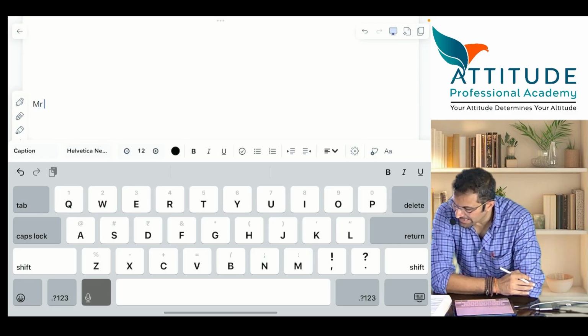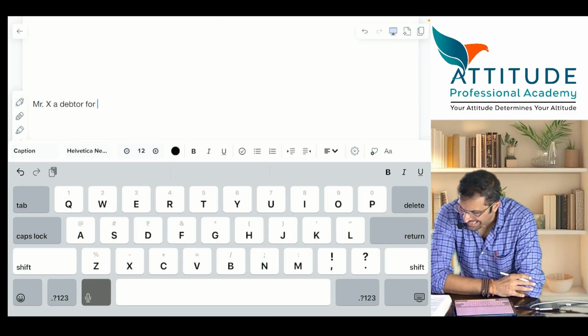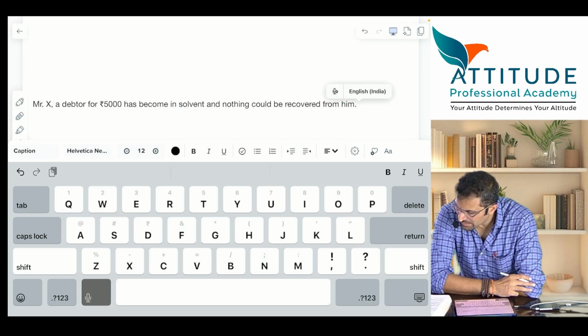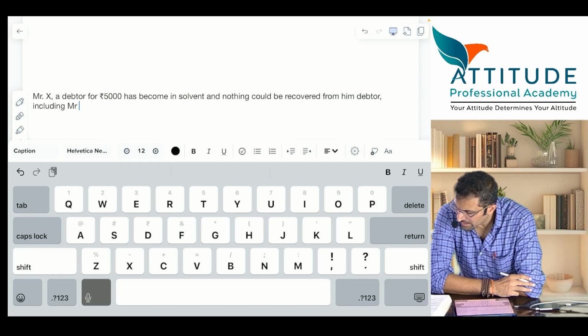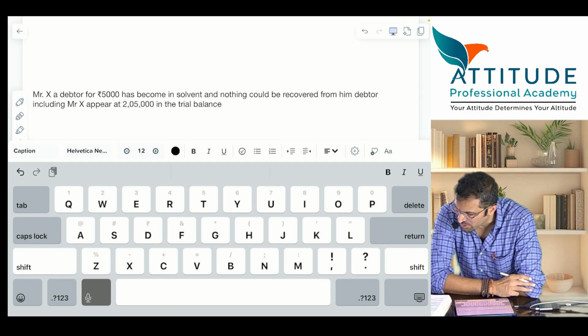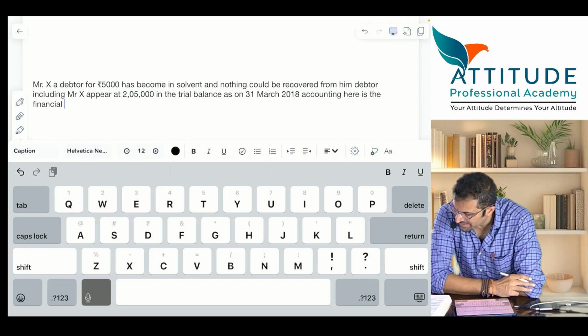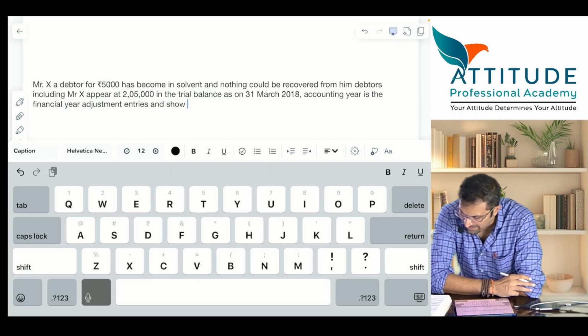Mr. X, a debtor for rupees 5,000 has become insolvent and nothing could be recovered from him. Debtors, including Mr. X, appear at 2,05,000 in the trial balance as on 31st March 2018. Accounting year is the financial year. Pass adjustment entries and show how these items will appear in final accounts.